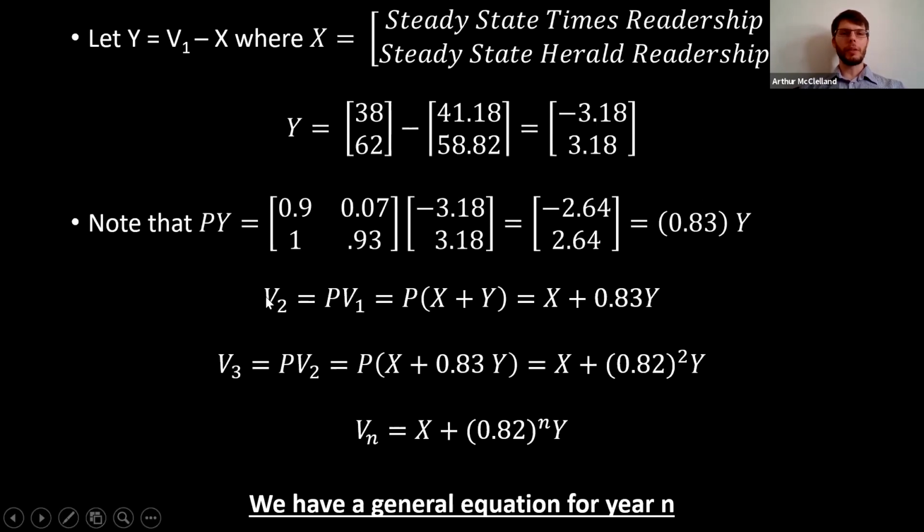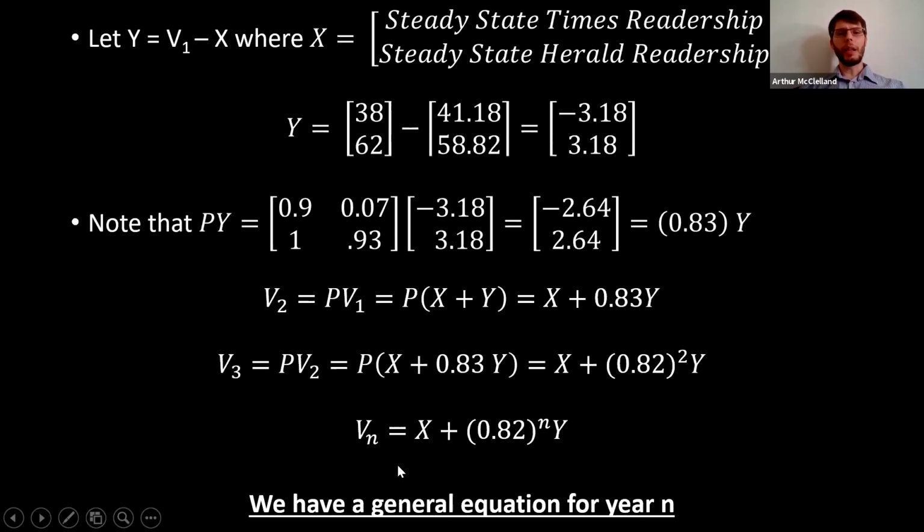But to finish out the newspaper readership question, we have year 2 is going to be P times v1, which is P times x plus y, which is x plus 0.83y. v3 would be P times v2 equals P times x plus 0.83y equals x plus, oh, that's a typo, sorry, 0.83 squared y.